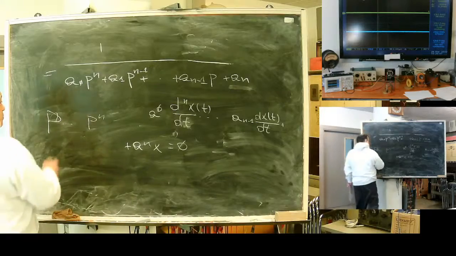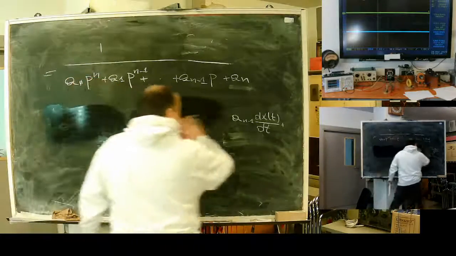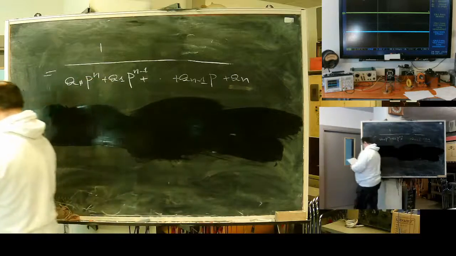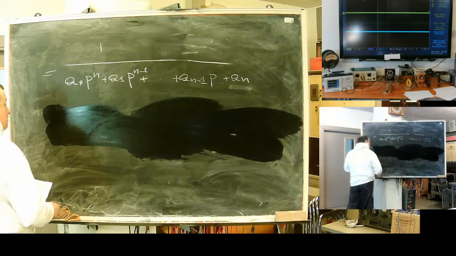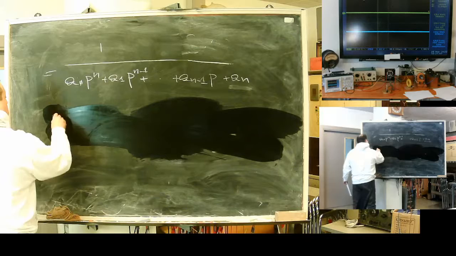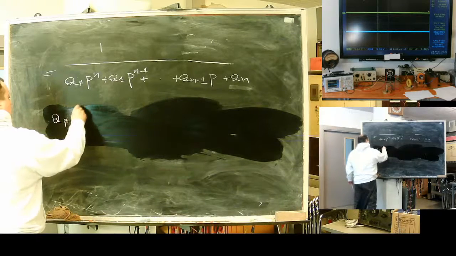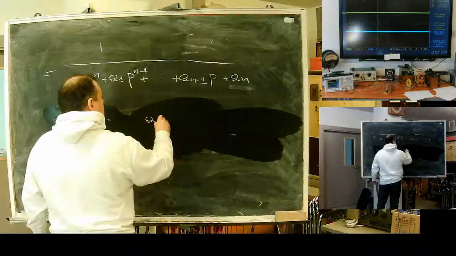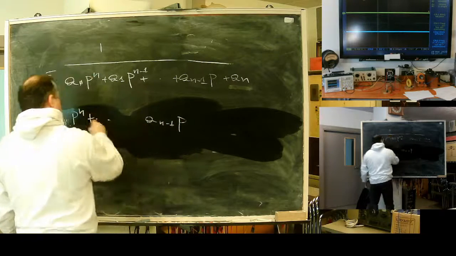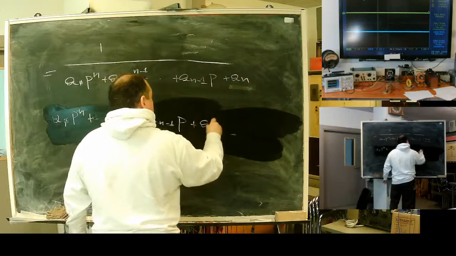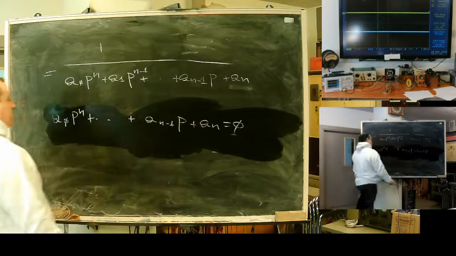So a characteristic equation. In idea, we need to solve an equation A0 p to the n minus 1, plus, equals to 0, so-called characteristic equation.